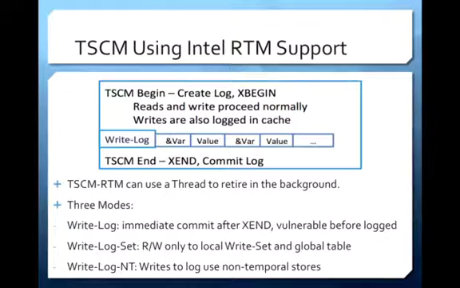And we can operate in 3 modes. A background thread can also retire this log in the background, or retire directly from the cached variables. The 3 modes are: using a write log, so after the transaction completes, the log is committed. But during the log write, we could have an out-of-order cache eviction from the original variable.